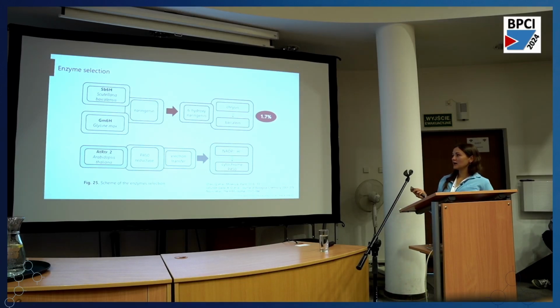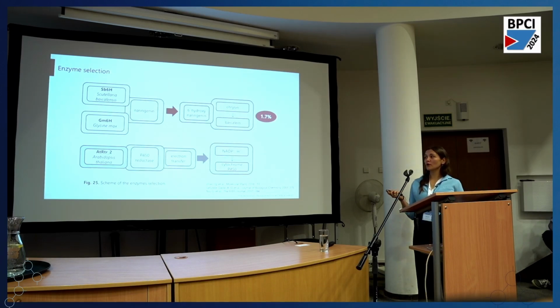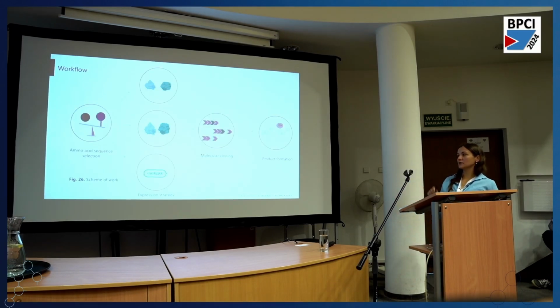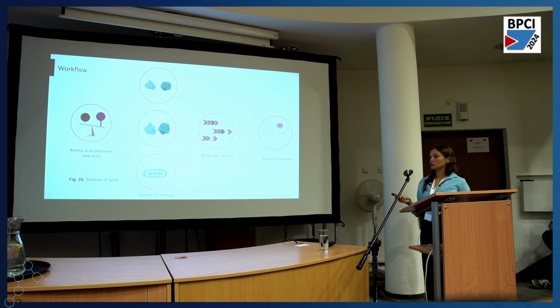And bearing in mind that there's a problem with eukaryotic protein expression in E. coli, we also changed the workflow. So after the amino acid sequence selection, we decided to use 3 different expression strategies.